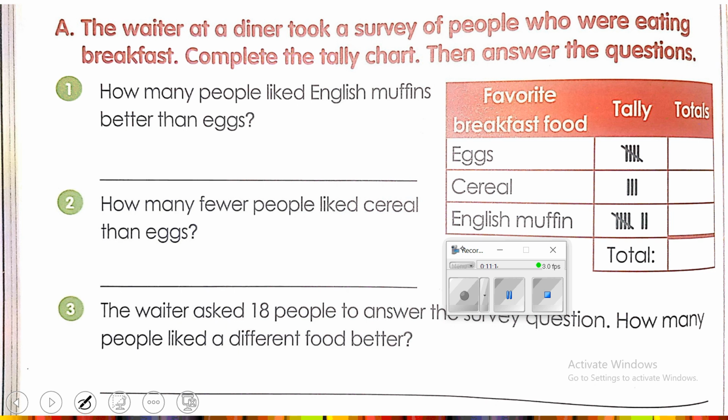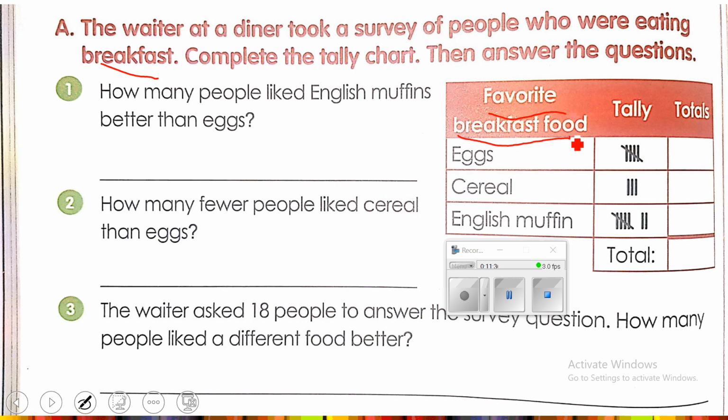So he took a survey of people who were eating dinner, sorry, breakfast. Complete the tally chart, then answer the question. So they have breakfast time, and each person loves to eat something different from the other. So we have here the favorite breakfast food.